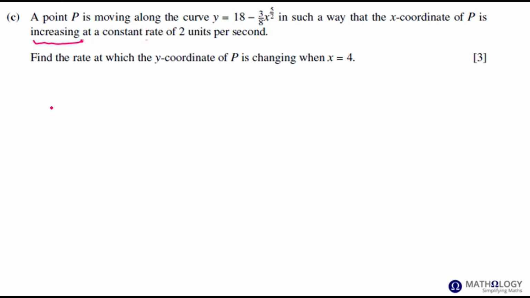So we're talking about dx/dt, the rate of change of the x-coordinate. This is the differential that we are getting from that, and that equals 2 units per second. We're required to find the rate at which the y-coordinate is changing. So we're looking for the change in y per unit time, the differential dy/dt.